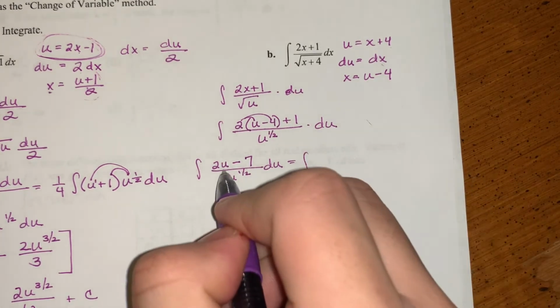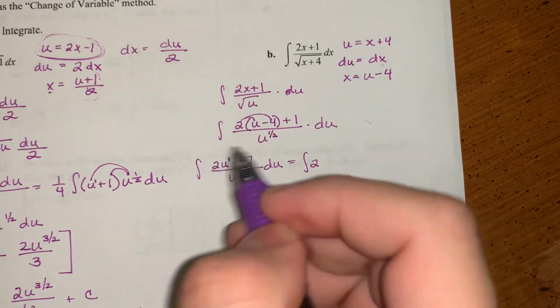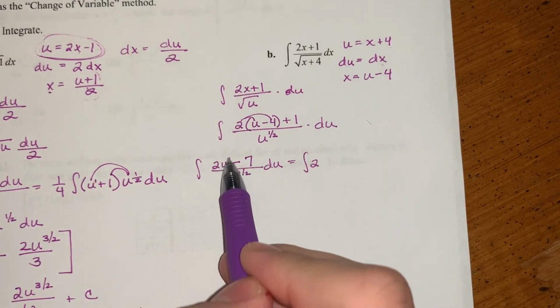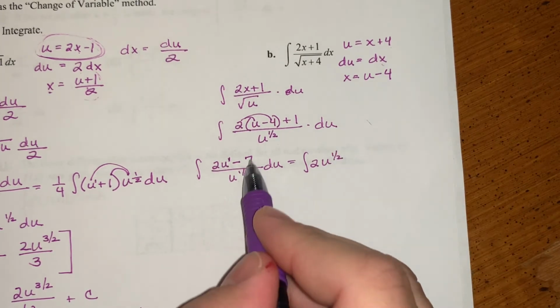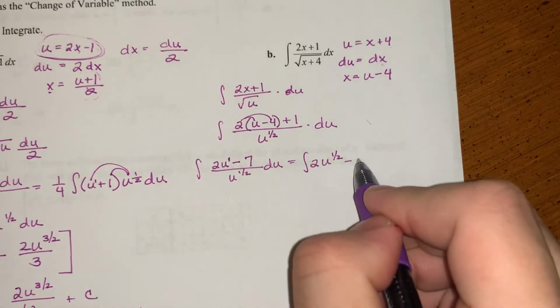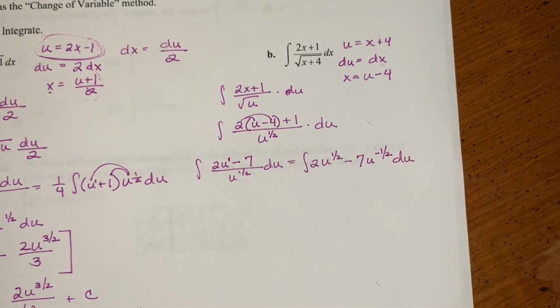So this will be the integral of 2 divided by 1 is 2, u to the 1, so 1 minus 1/2 is u to the 1/2. And then negative 7 over u to the 1/2 is like saying negative 7 u to the negative 1/2 power du.